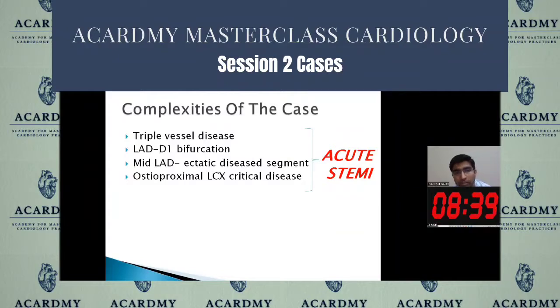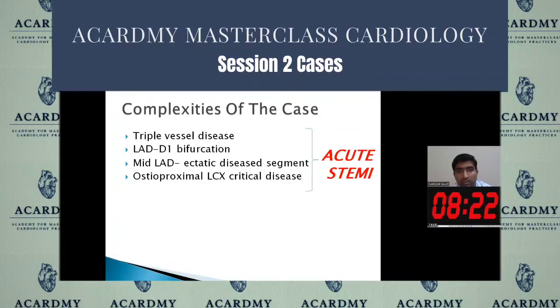If we are planning any PCI strategy in an elective case, we have multiple options, and we can plan the bifurcation strategy properly involving both the left circumflex ostium as well as the LAD diagonal.